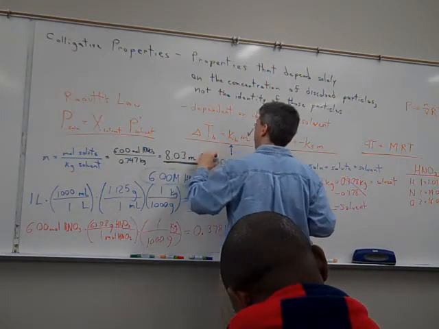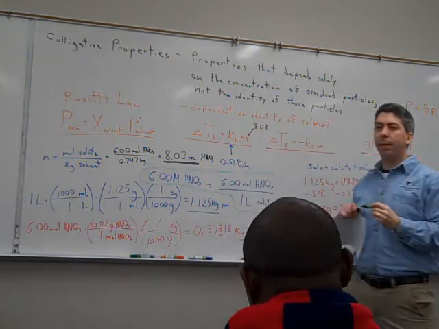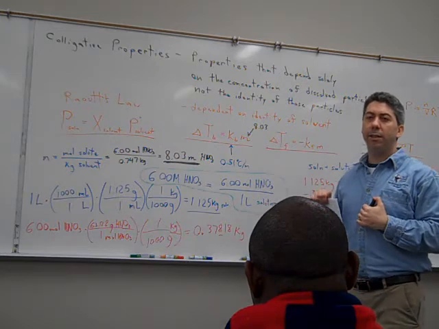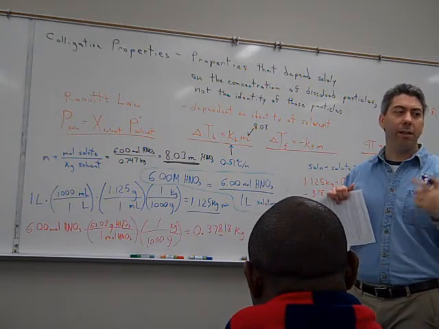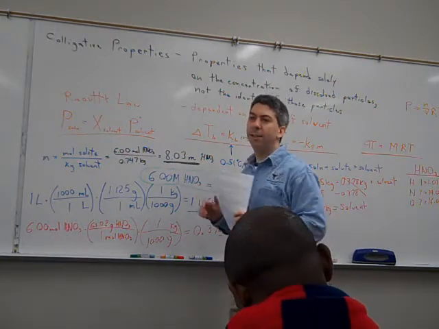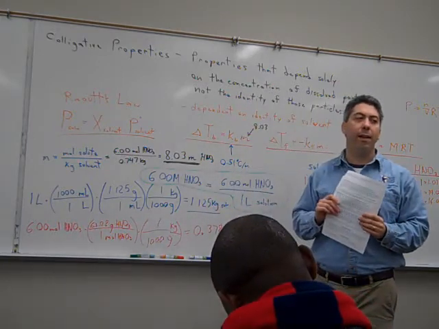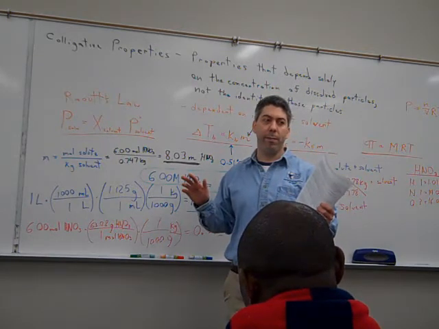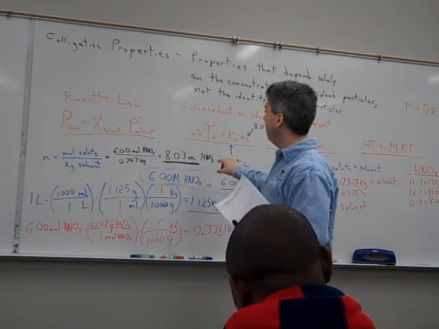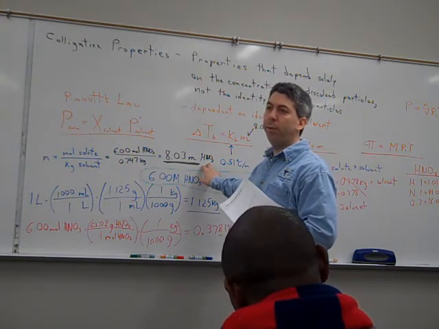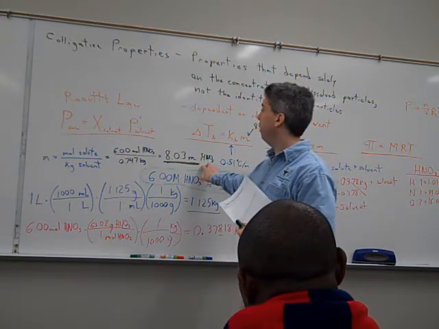This is the molality of HNO3, right? HNO3 is what kind of an acid? Strong or weak? Strong acid. And what do we know about strong acids? They completely separate into ions, right? So how many ions is HNO3 going to break up into? 2.